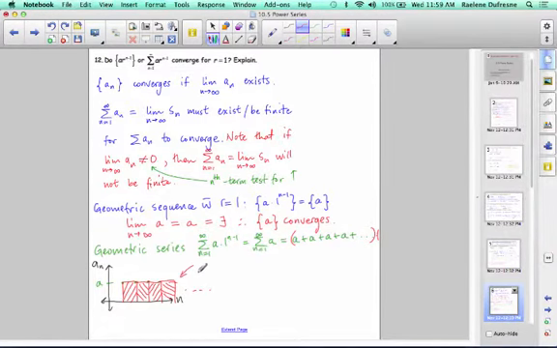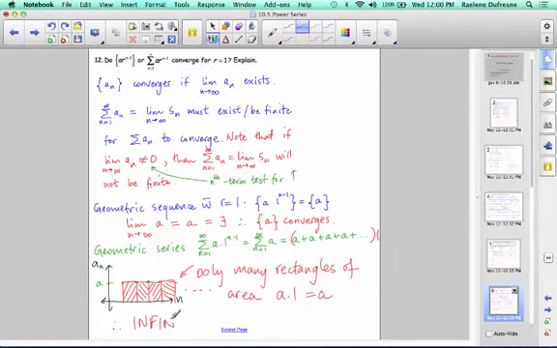So we have infinitely many rectangles of area a times 1 equal to a. Therefore, infinite accumulation. And therefore the series diverges.